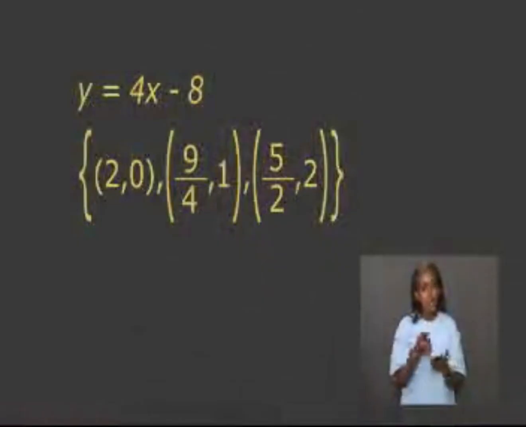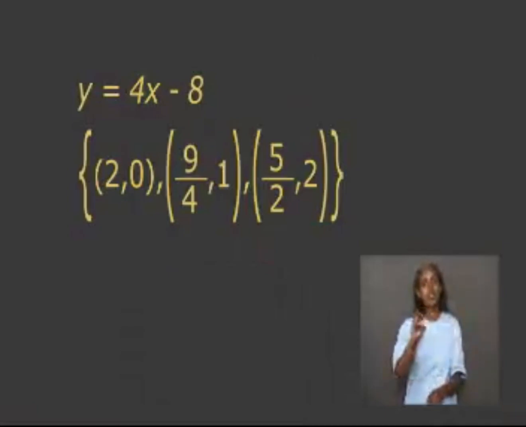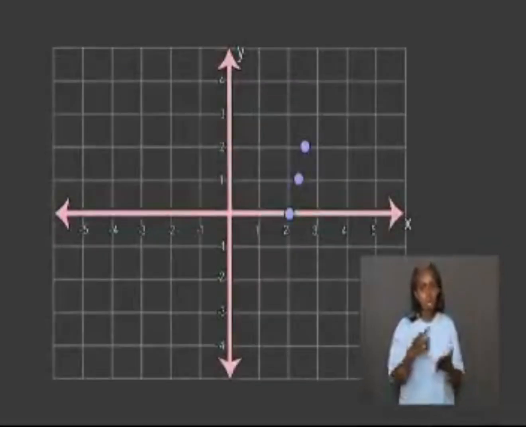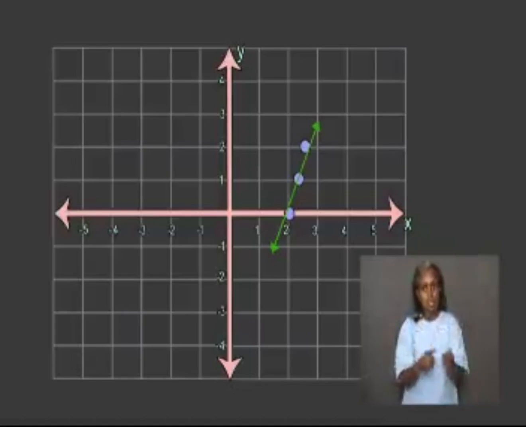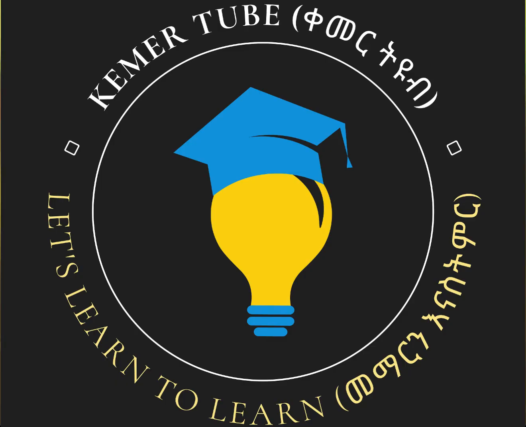In this example, we solved the equation for the pairs 2 and 0, 9 over 4 and 1, and 5 over 2 and 2. These pairs are points that we can plot on the xy coordinate system, as you see here. There is a straight line that passes through them.